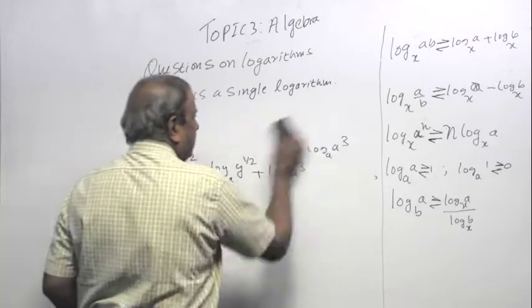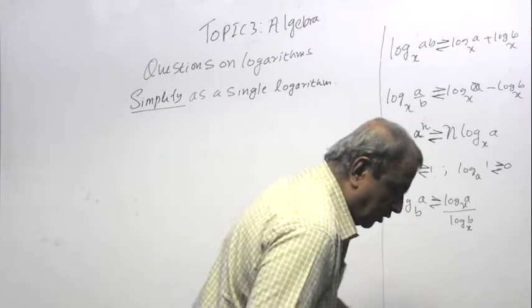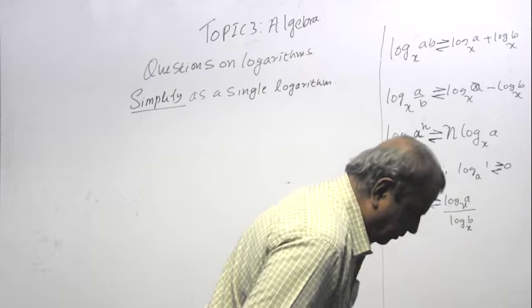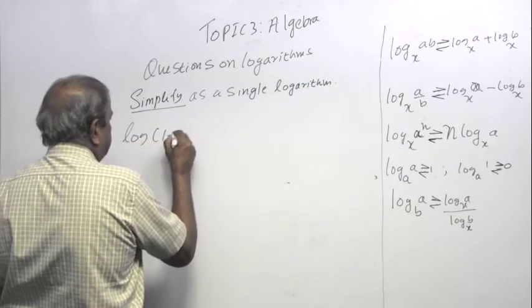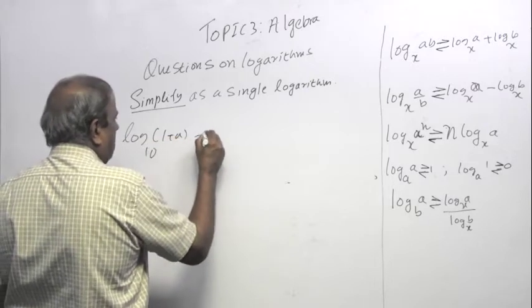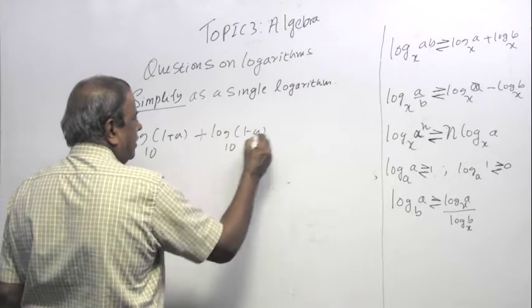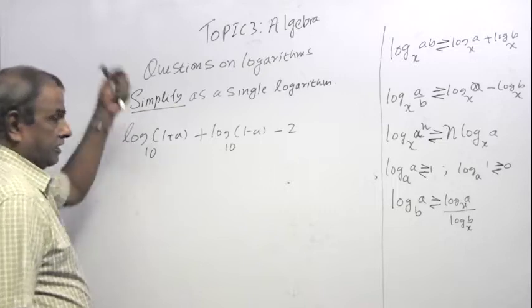Let me take another example. Now I'm just going to do it quickly: log of 1 plus a to base 10 plus log 1 minus a to base 10 minus 2. Now it is base 10.